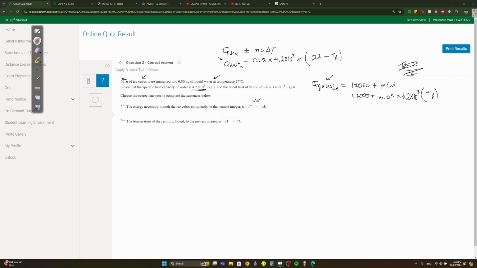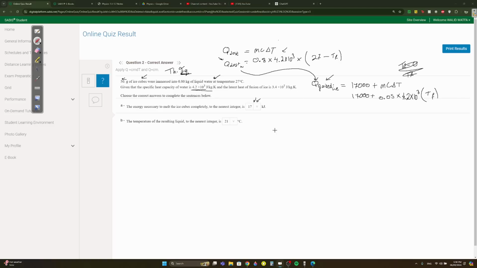Okay, now Walid, we know how much energy the ice gained. We know how much energy the water lost. What about them? Didn't we say they reached thermal equilibrium? What does equilibrium mean? Equilibrium means the energy lost is equal to the energy gained. So whenever you see these two equations when you're mixing, you're always going to solve like this. Energy lost equals energy gained. You first find energy lost, then you find energy gained, then you equate them to each other.